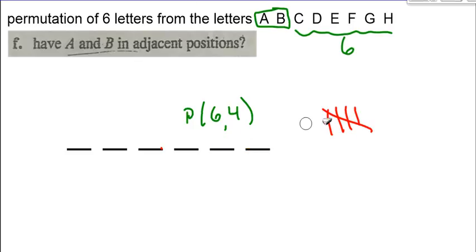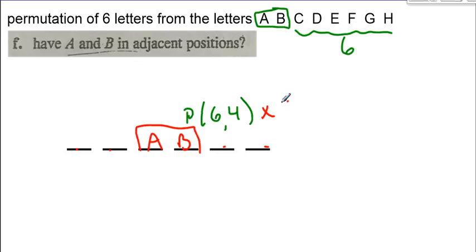And what that means is no matter where I place AB, so let's say I put them here, I still have 6 letters left to fill 4 positions. So that means that I have to take the 6 letters into 4 positions and multiply by 5 to represent the 5 different locations that the AB letter could have been. But we're not done yet, because every time I put AB somewhere, I could have put BA and still satisfied the adjacent position criteria.